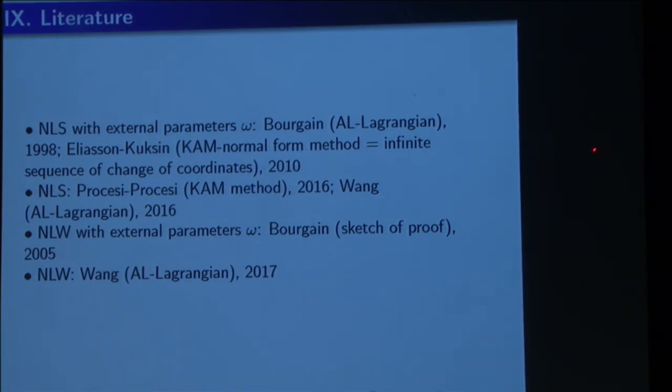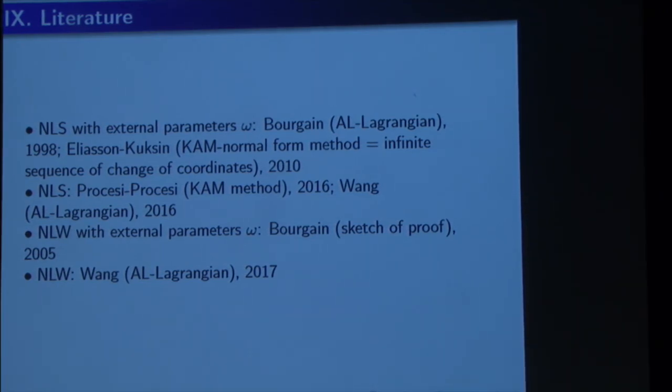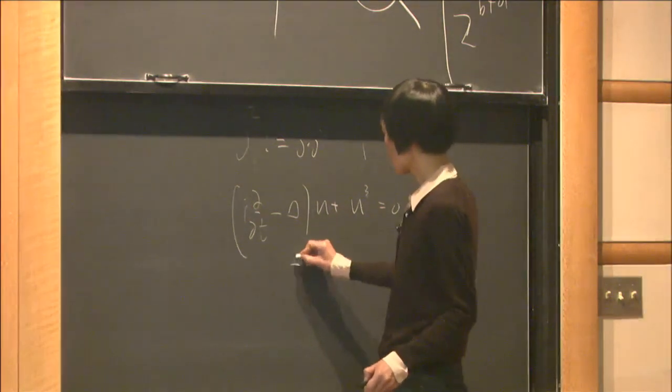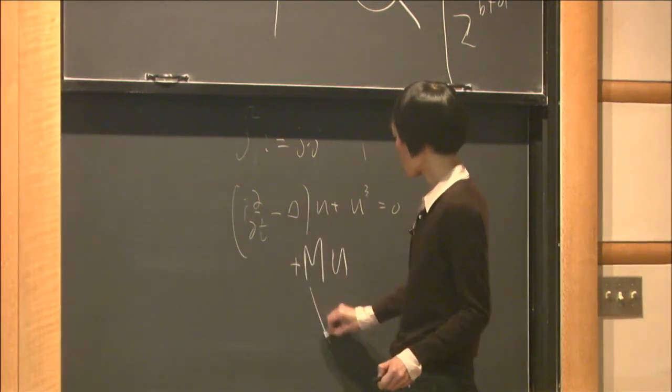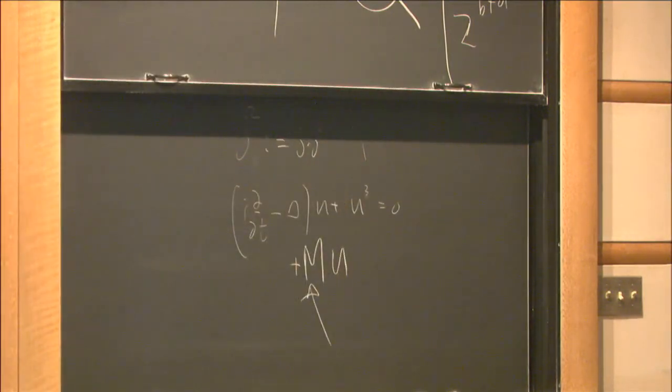This is the one where he requires a random potential or something like that. There's no random potential? So what do you mean by external parameters? It just means that instead of looking at this equation, for example, you add a multiplier, a convolution.